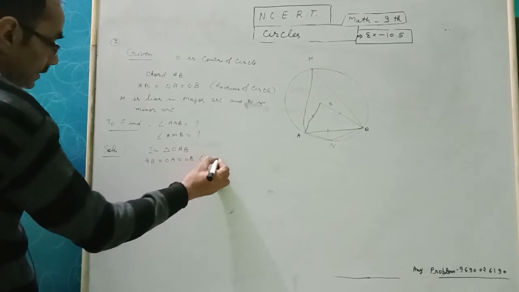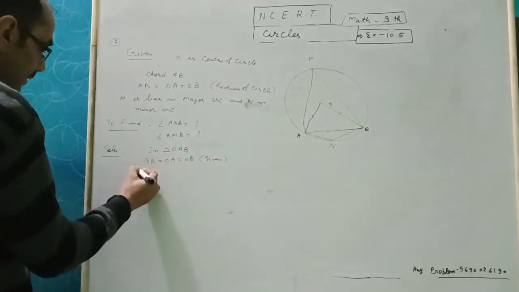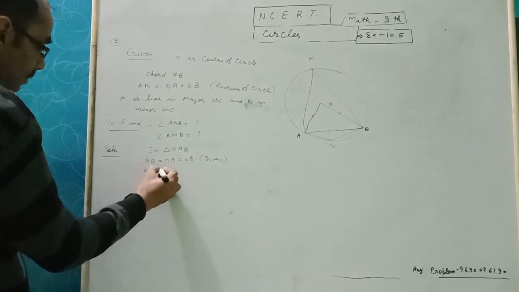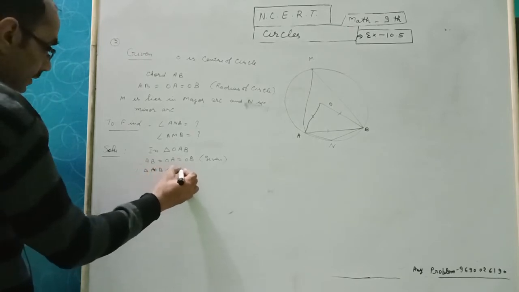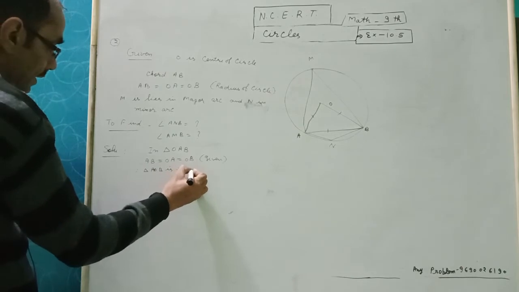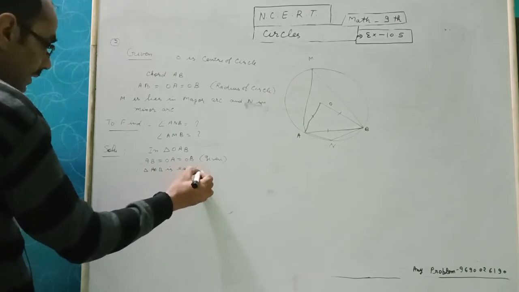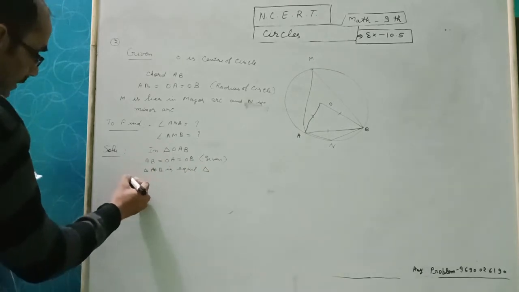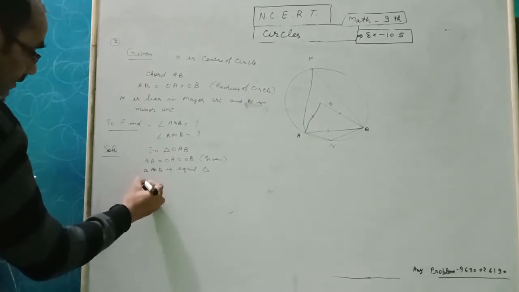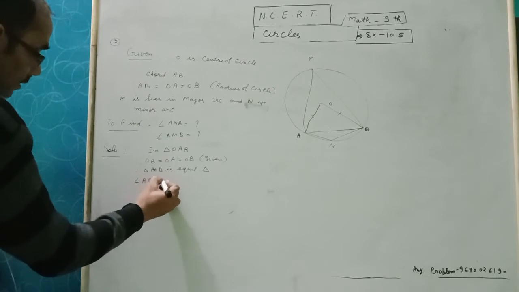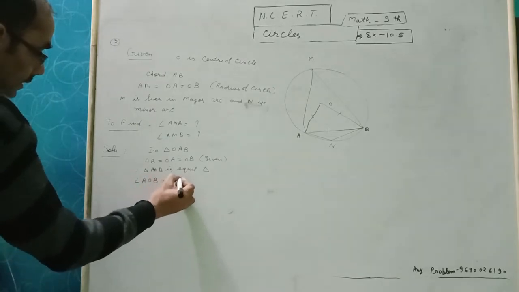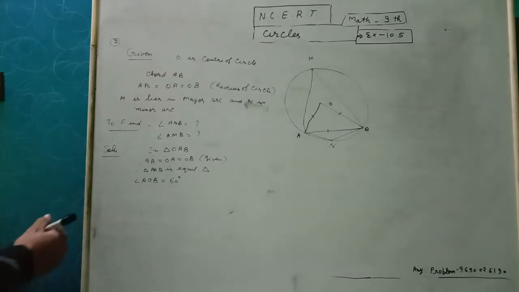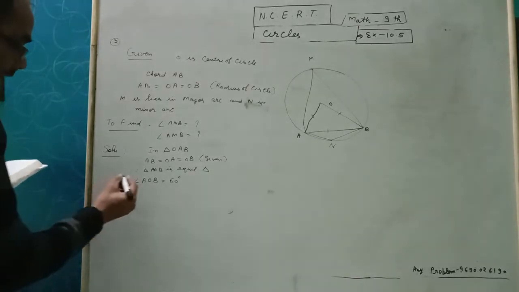At the given triangle, AOB is an equilateral triangle. So then angle AOB is equal to 60 degrees. An equilateral triangle has each angle 60 degrees.